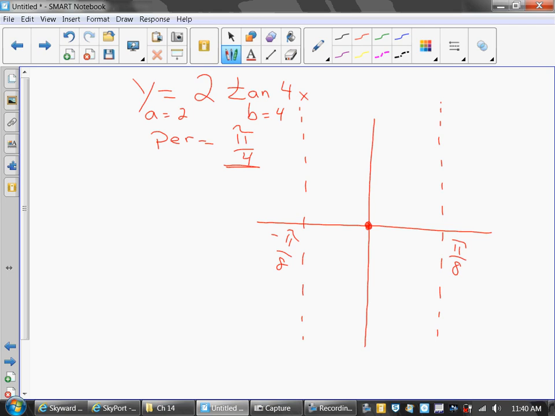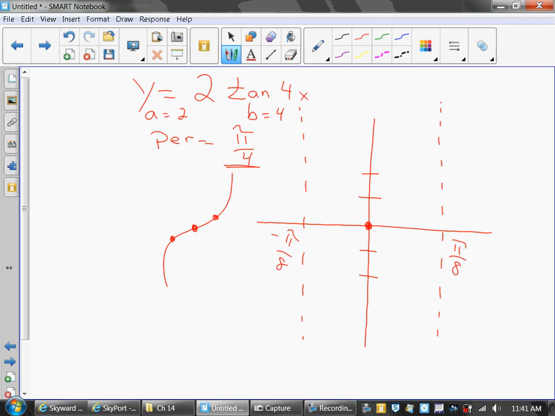Okay. Now, the a value is 2, which means there's going to be a point at a positive a and a point at a negative a. What happens here is that this tangent function, when it shifts like that, this is always the origin, and these other 2 points are where the curve is changing directions.